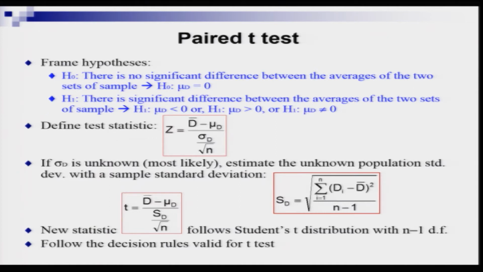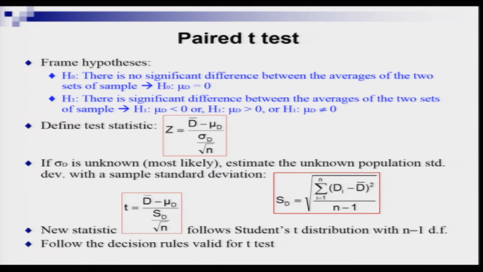Now in the next step you have to frame the hypothesis as usual. Here I start with the null hypothesis that there is no significant difference between the averages of the two sets of samples, and H naught can be represented as mu_d equal to 0. So d is the difference variable that I have created, and mu is the population mean. Now the alternative hypothesis can be set in three different ways.